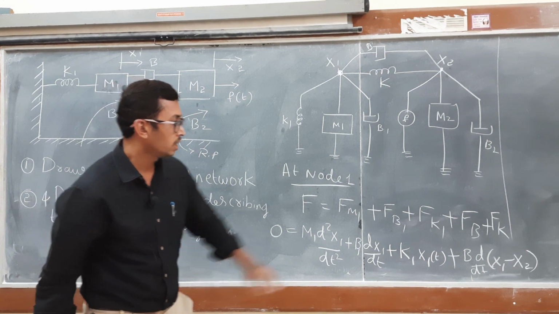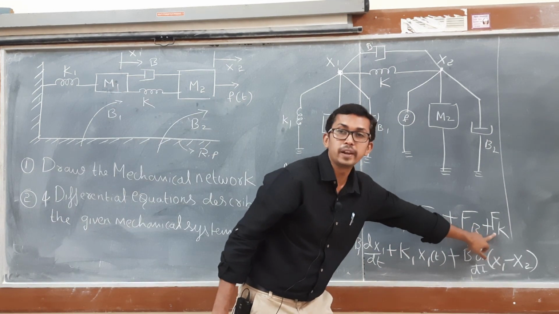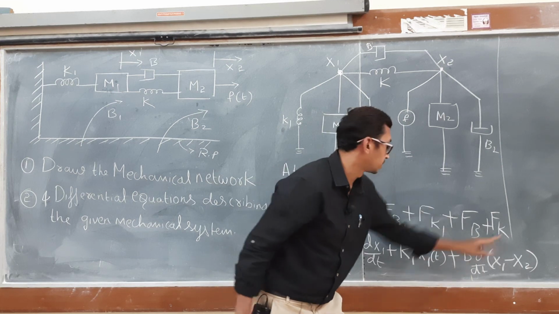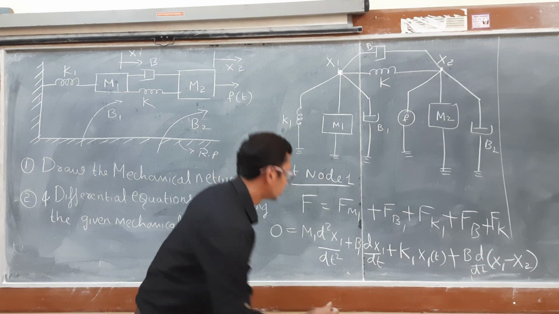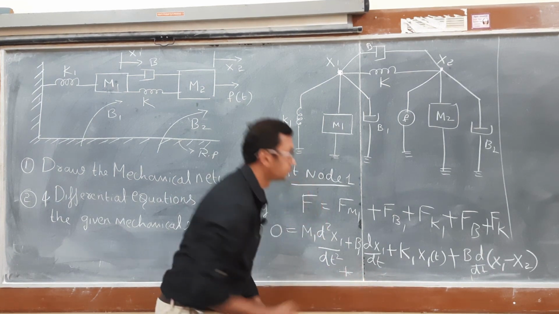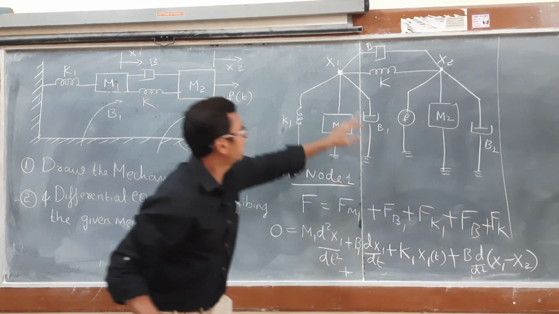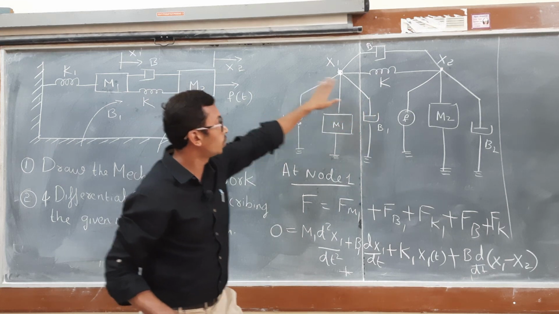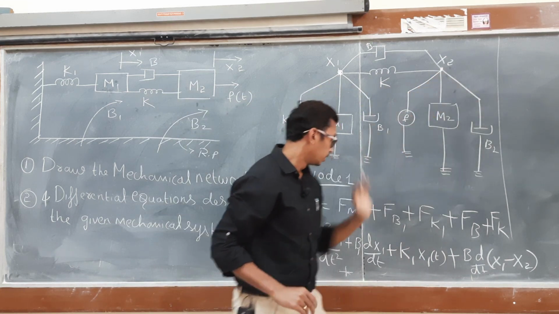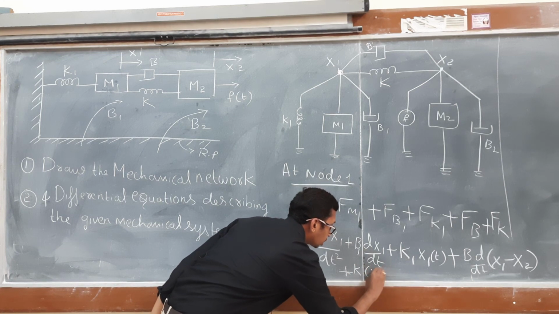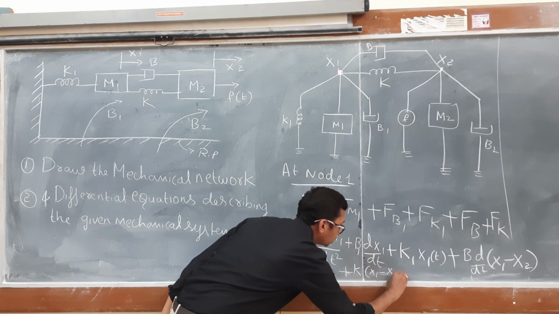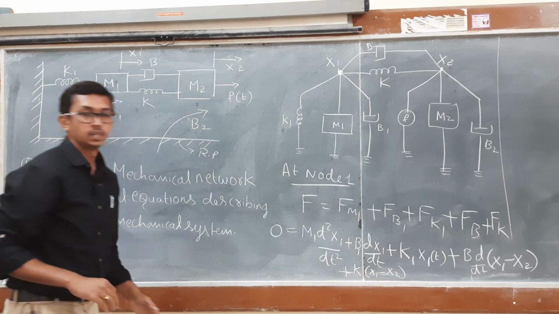Next, what else is there? We have a displacement, F of k. If I write here, it will just cut, so I am going to write here plus F of k. K is once again between node 1 and node 2. Therefore, this will be k into x1 minus x2.